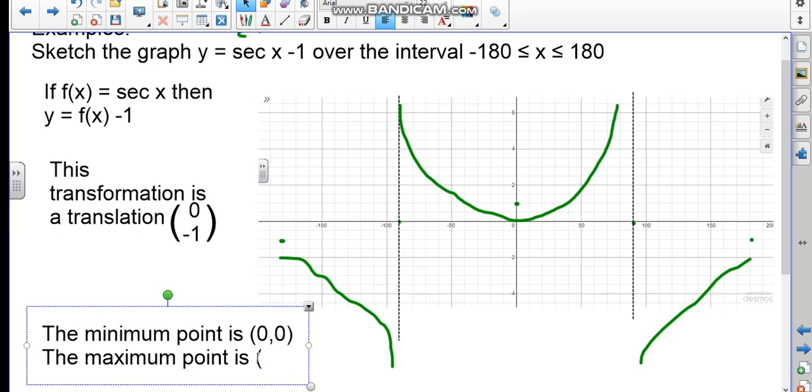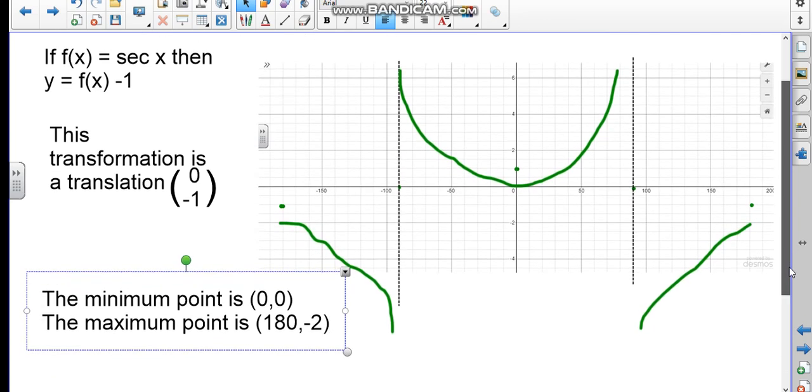Either would be fine. So we'll put (180, -2). So they're the coordinates, or you might just want to put -2 and 0 as the maximum and the minimum. The period of this again is still 360. It's repeating every 360.